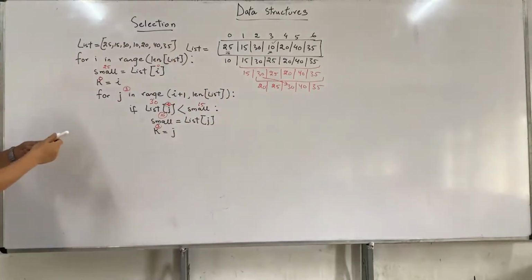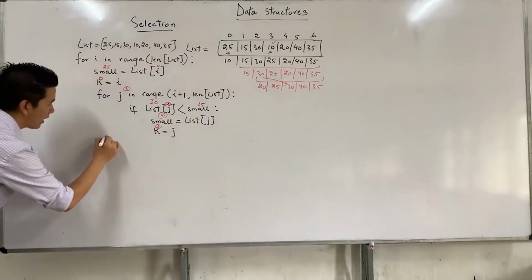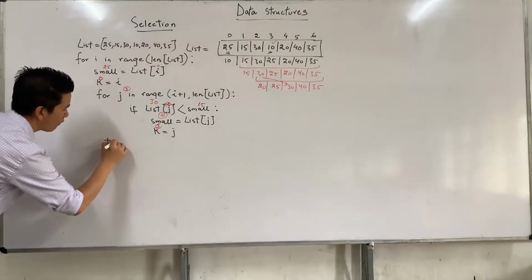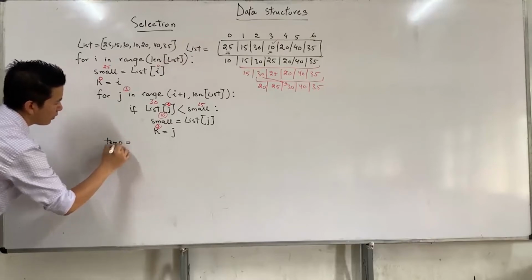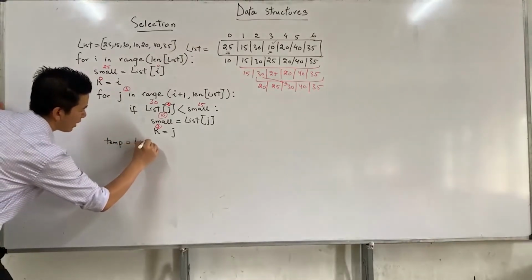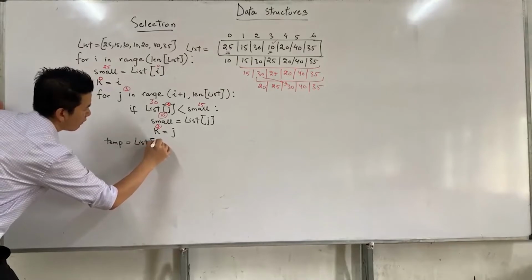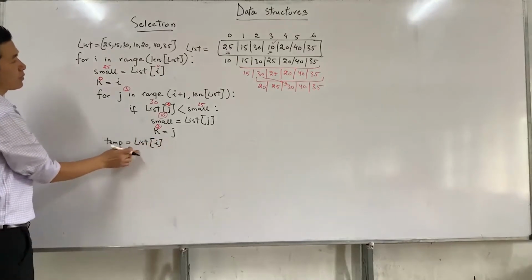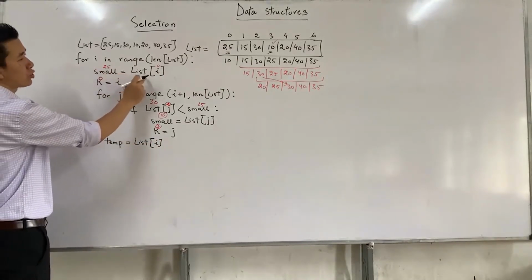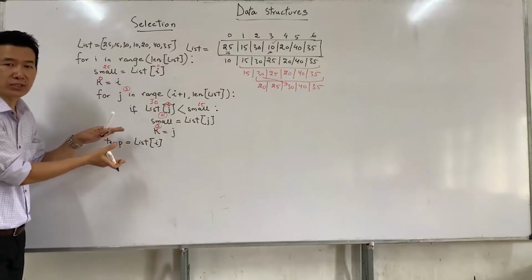Okay, so how do I do the interchange? I'll take the help of a temporary variable, in which I'll assign list of i. The list of i means you're referring to list of the value of i, which is still 0.